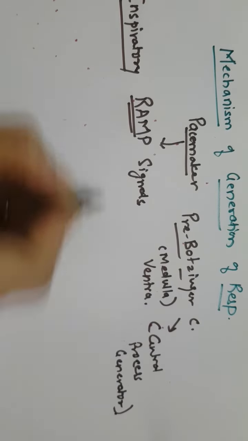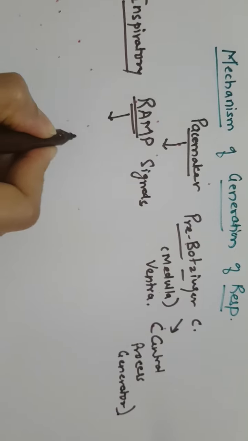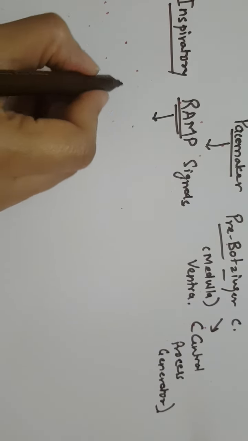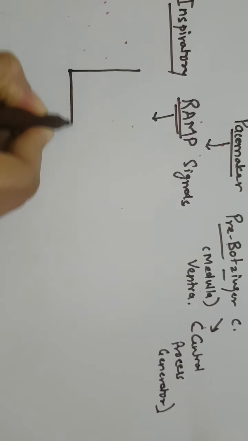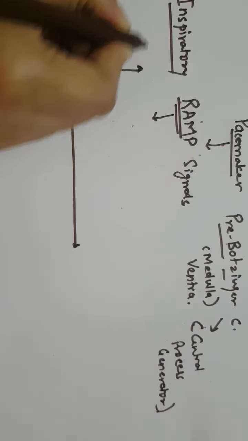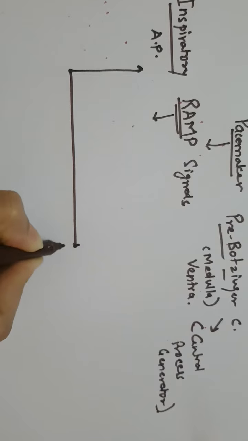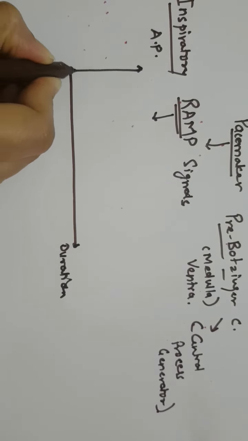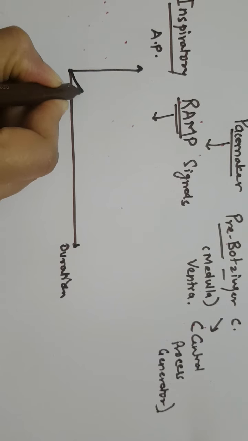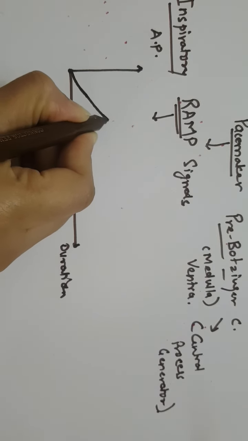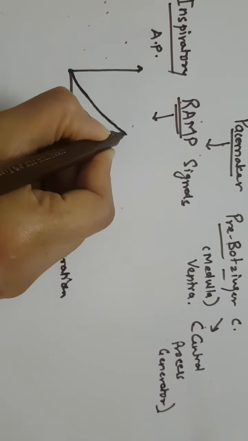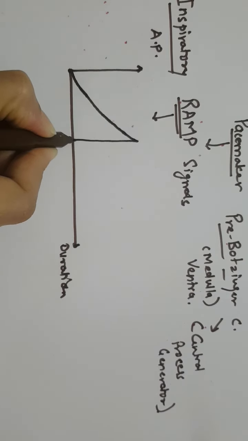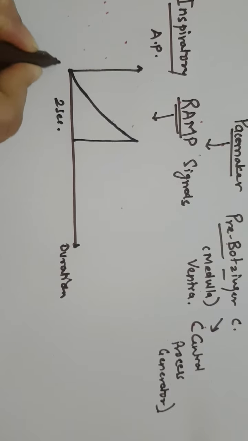Now how is it producing this ramp signal? If we plot a graph of action potential against duration, the inspiratory neurons will fire action potentials slowly. This is also called a weak and slow action potential, which will last for 2 seconds.